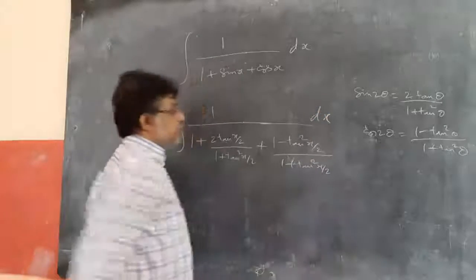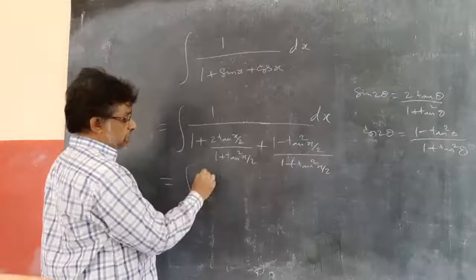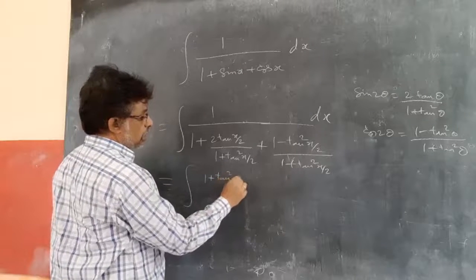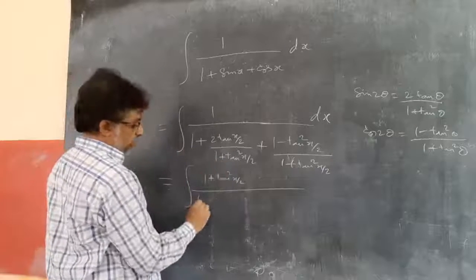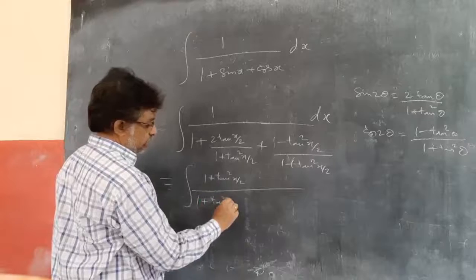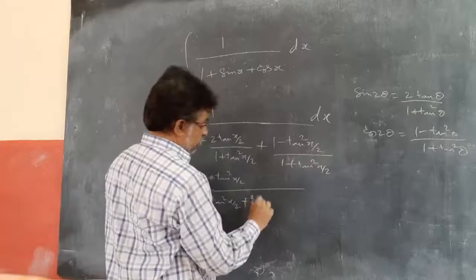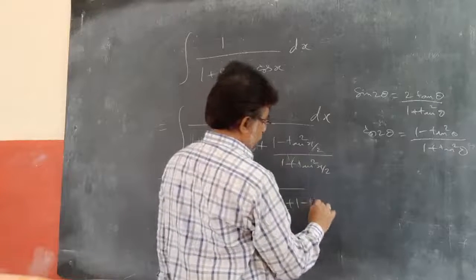dx. Now take the LCM and bring 1 plus tan square to the numerator. So I am writing 1 plus tan square in the numerator. In the denominator, if I take the LCM, it is 1 plus tan square, and for the other two you have anyhow 1 plus tan square only. So it becomes 2 tan x by 2 plus 1 minus tan square x by 2.